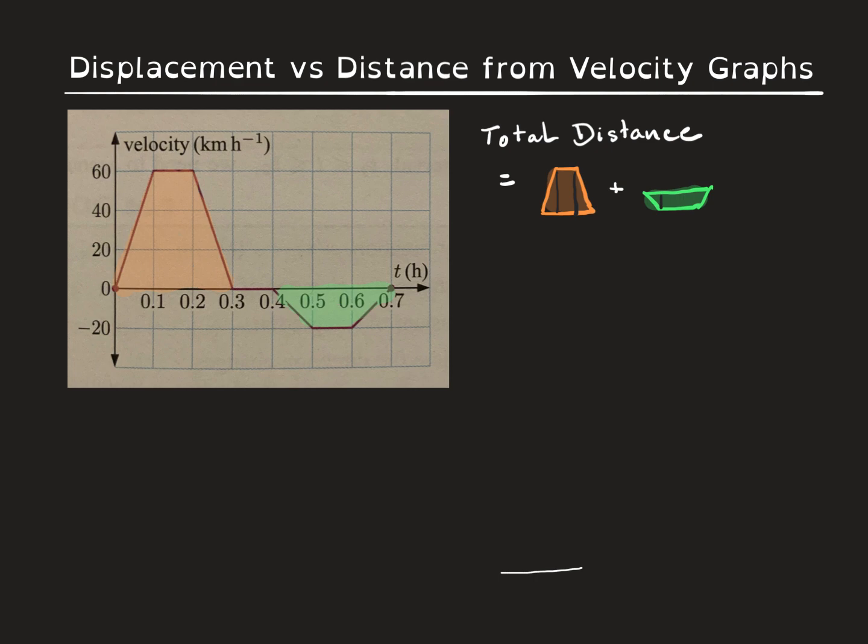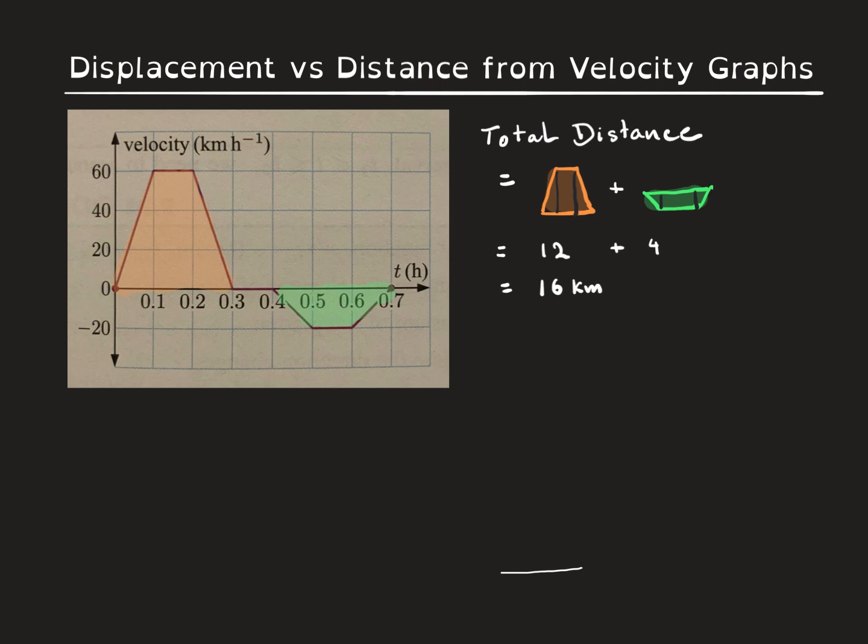And the same thing in the green area too. We've got three sections in here. And this will be 12 kilometers plus 4 kilometers. So we end up getting 16 kilometers, the whole distance traveled.